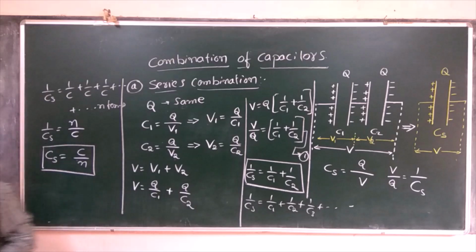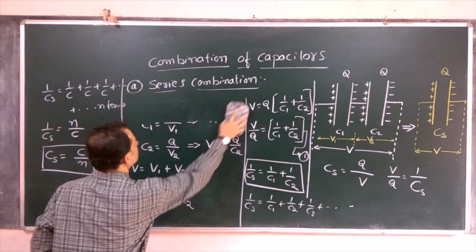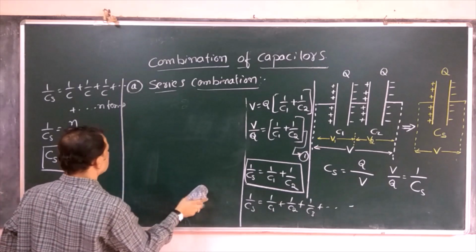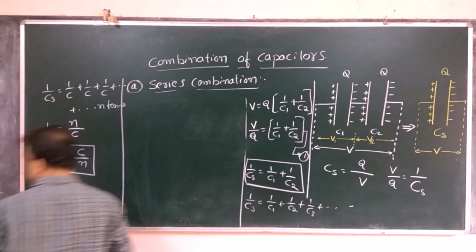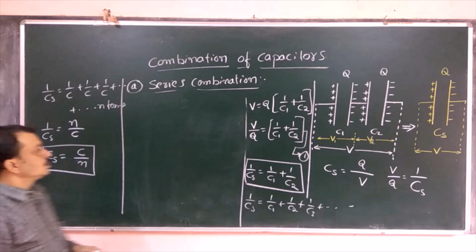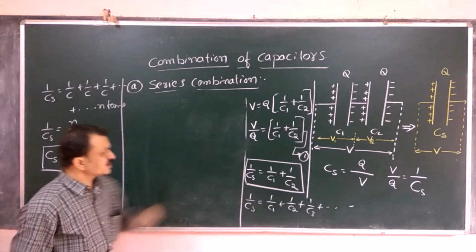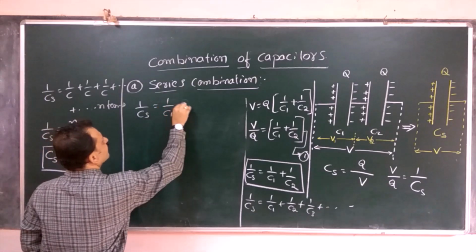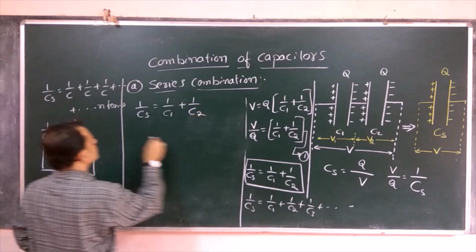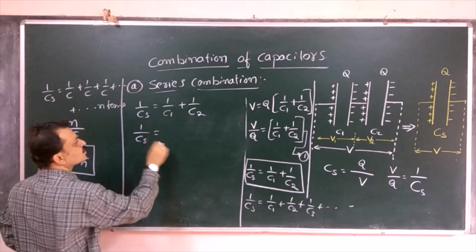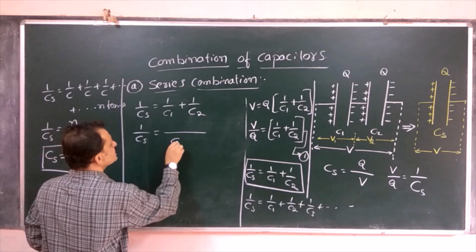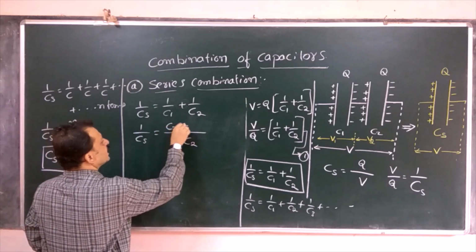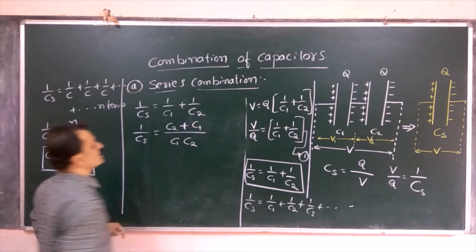One more thing. Now this expression can also be written as 1 by Cs is equal to 1 by C1 plus 1 by C2, or 1 by Cs is equal to, taking the LCM and simplifying, C1 into C2 in the denominator and in the numerator C2 plus C1.